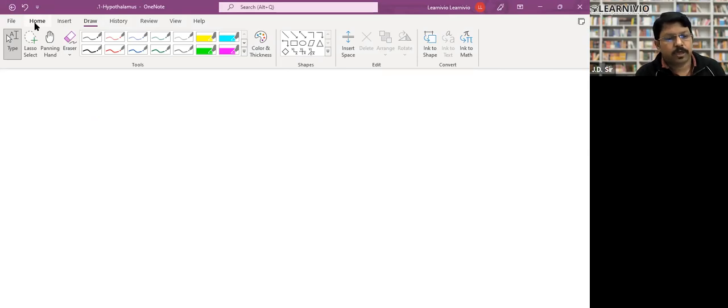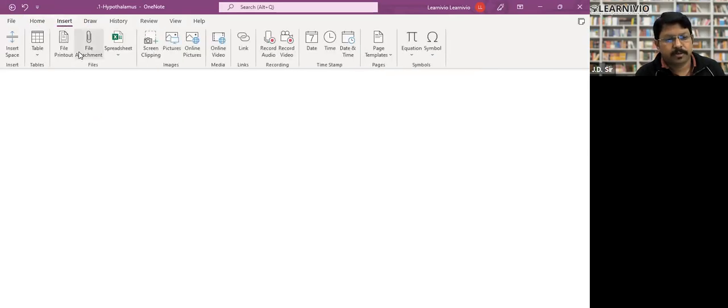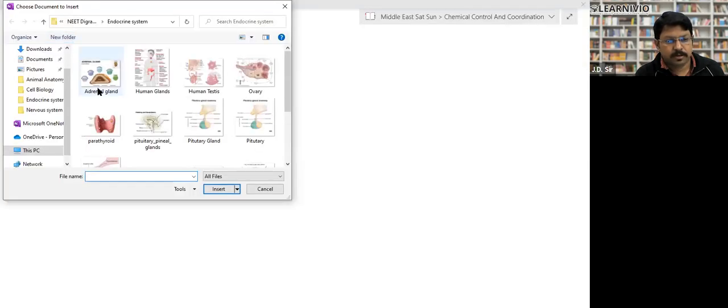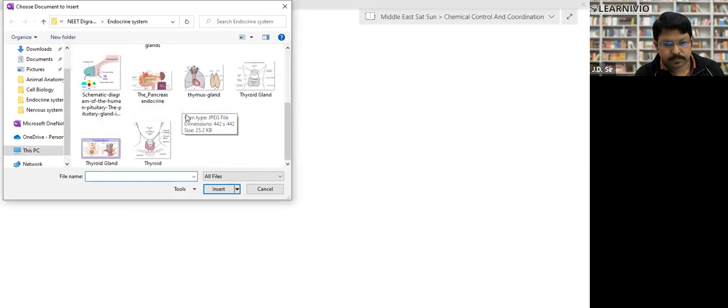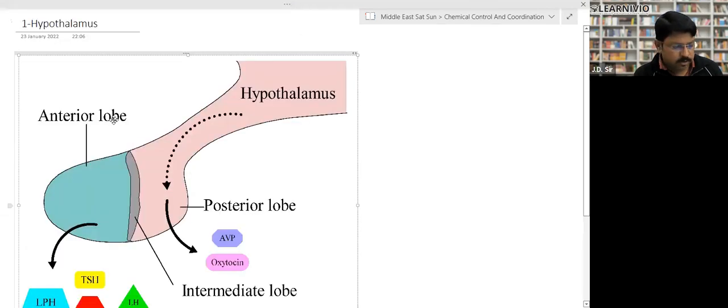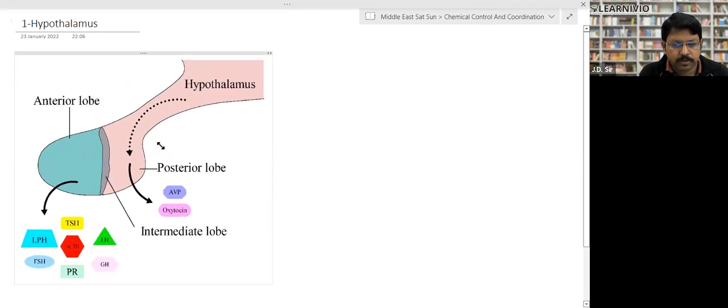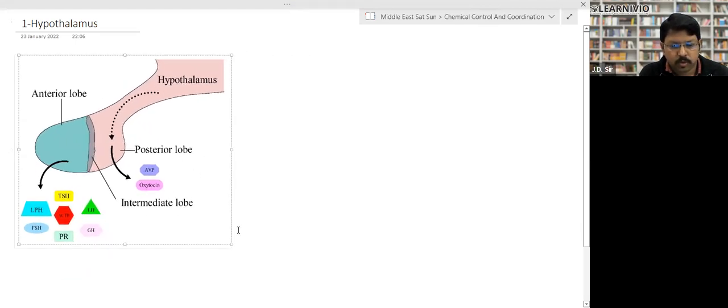The function of hypothalamus I have already discussed. Pituitary and hypothalamus will be mentioned in coordination because they both work in coordination with each other.